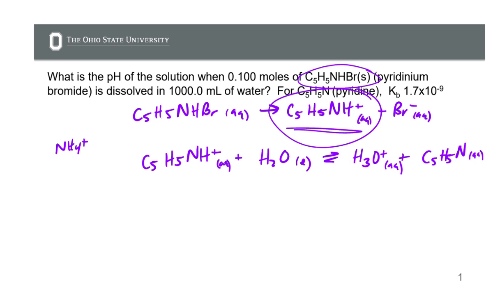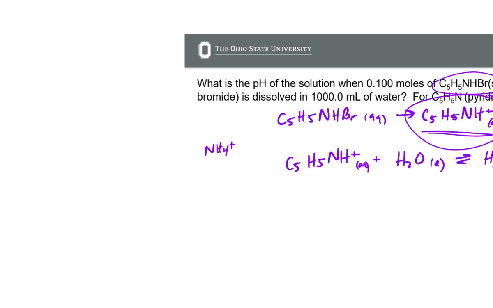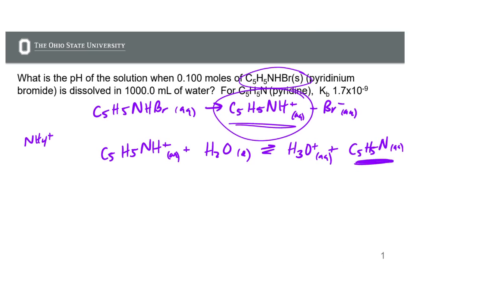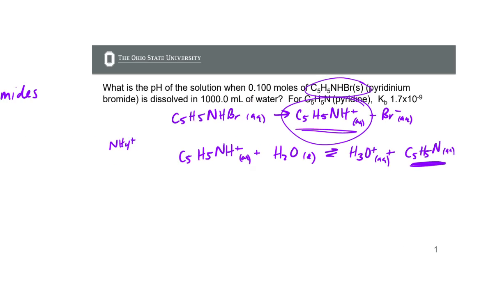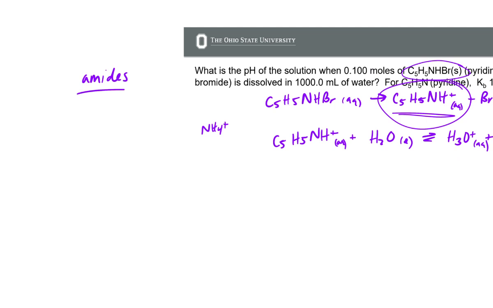Sidebar before we finish this problem: there are bases that look similar to this that I want you to be aware of, and they're called amides. They look similar to the conjugate base of this problem. They will often have the formula X, something like CH3 for instance, and then NH.